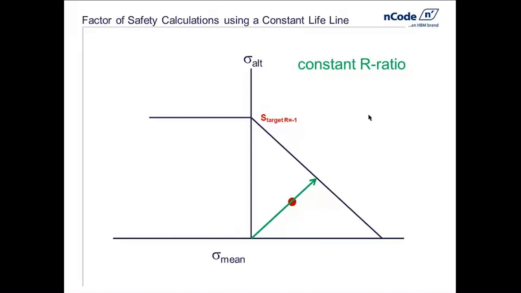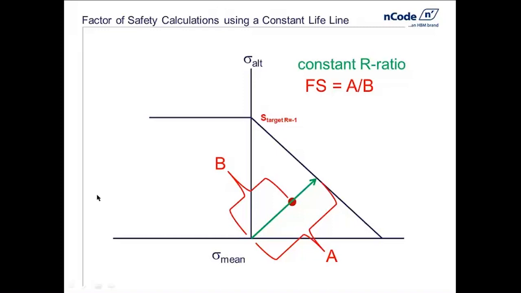To actually get the factor of safety, we calculate a vector that goes from the origin through our stress point up to the constant life diagram. And then we calculate the distances from the origin to the stress point and the origin to the intersection of the constant life diagram.